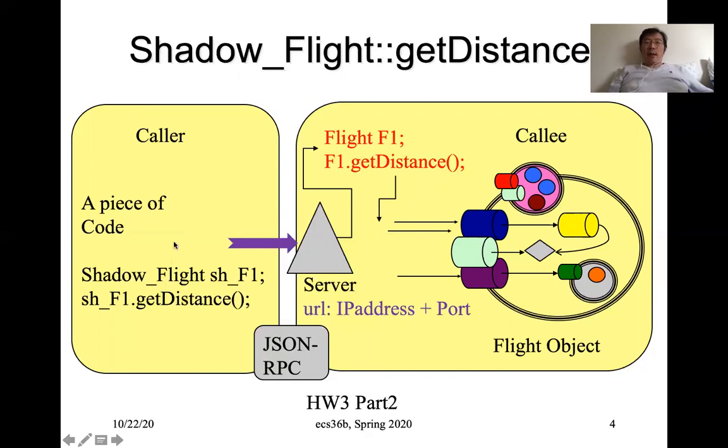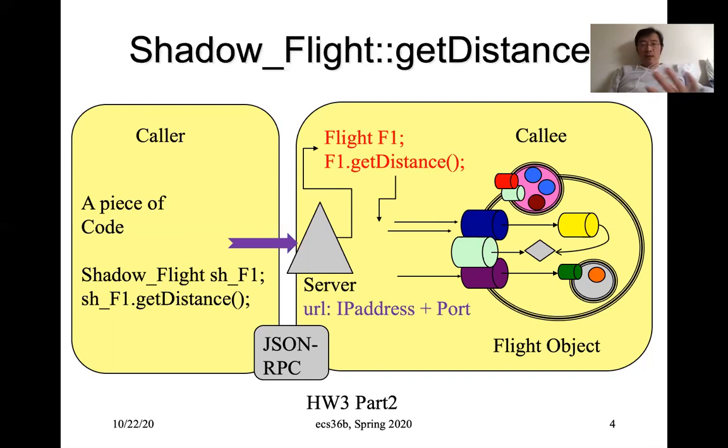Still, I want to call it as if it was like the previous slide. I just need to call f1.getDistance, and then I will be able to get to that. Of course, we need to figure out how to actually transfer that call to the real location of the real object, which is the fly object, and then get the result back.